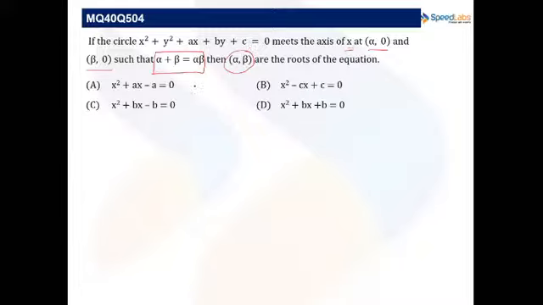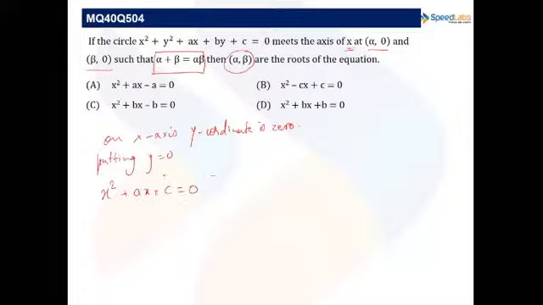So if we have some circle which meets the x-axis, on the x-axis the y coordinate is 0, so putting y equals 0, we get an equation x square plus ax plus c equals 0.